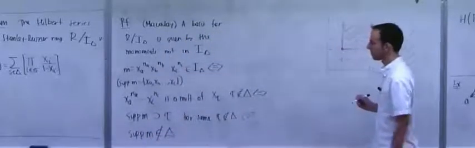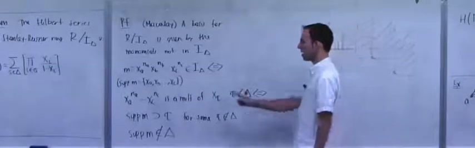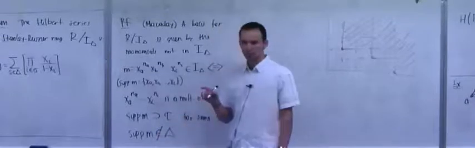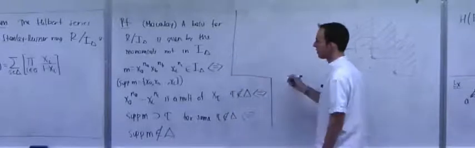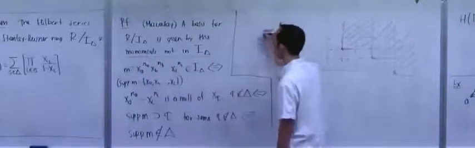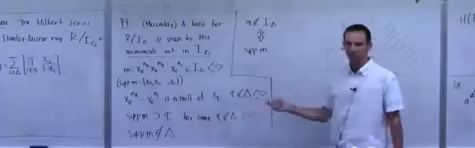Okay. So what I showed is that a monomial is in I delta if and only if its support is not a face of delta. And so the consequence of that is that the monomials that I'm trying to count, which are these guys, are the monomials such that their support is a face of delta.